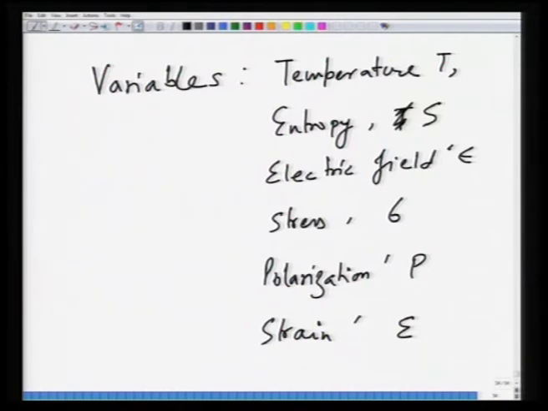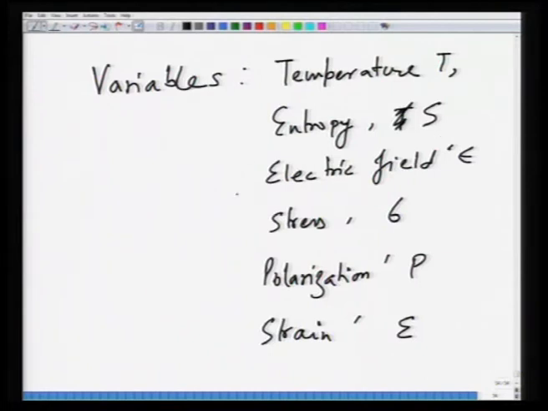Essentially, we know that ferroelectrics are switched across temperature, so that is why temperature is a very important variable. Entropy determines the state of disorder in any system and in the end affects the free energy expression, so entropy is an important factor. However, for an ordered system, unless you have a phase transition, you can work your way around it.